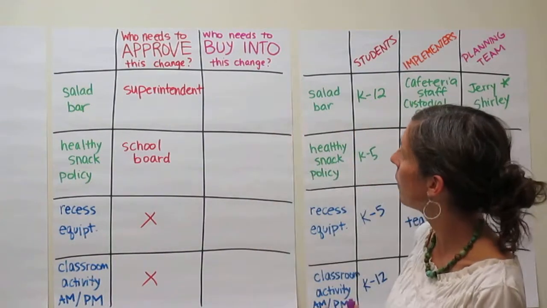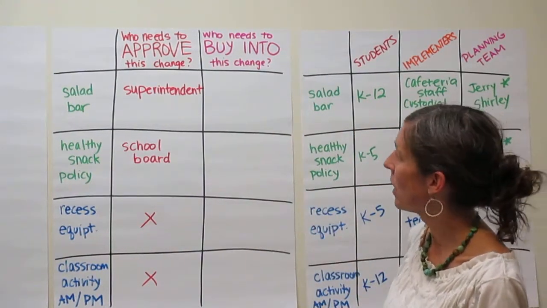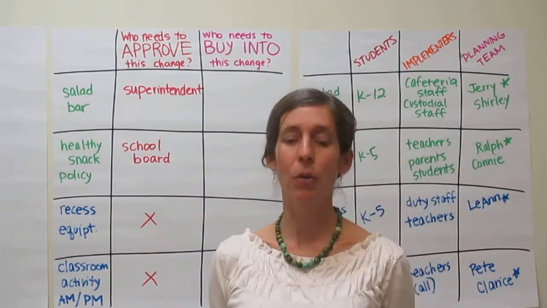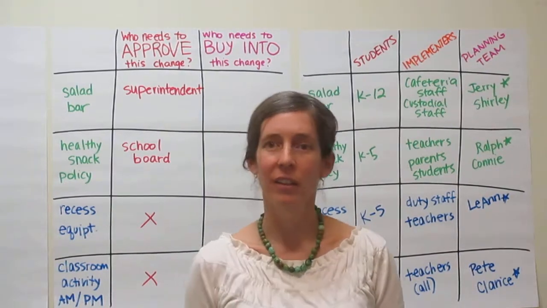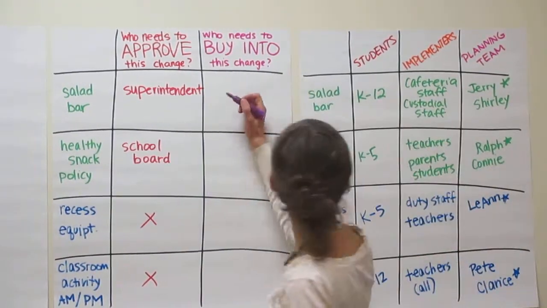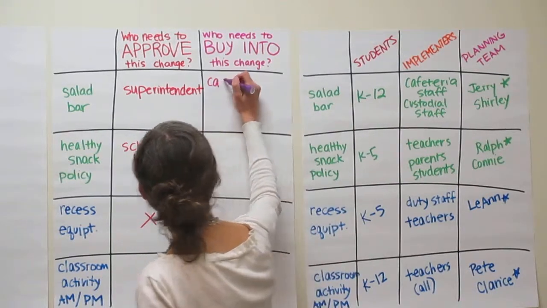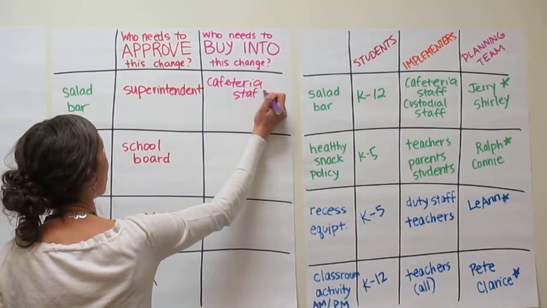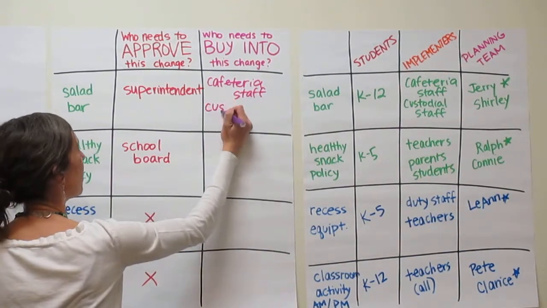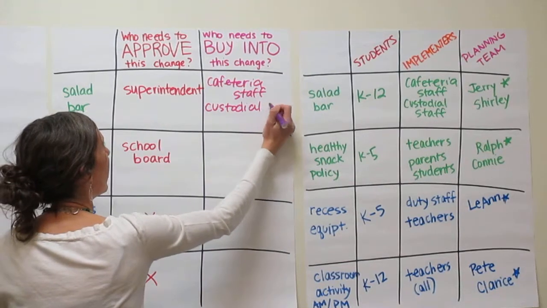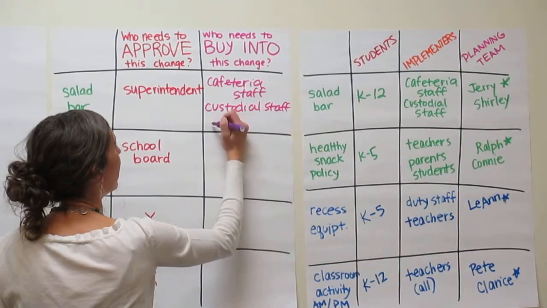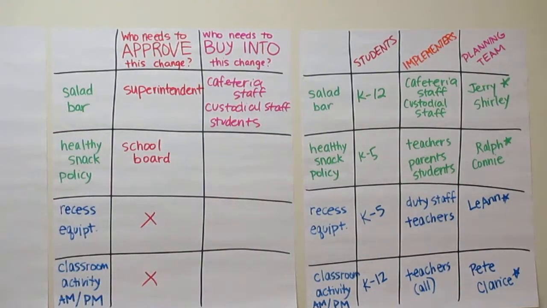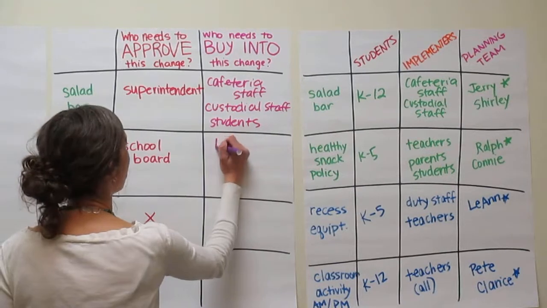Okay, so let's go back to our chart. Who needs to buy into each of these changes? Starting with the salad bar, who do we need to support and get excited about making this change? Exactly, the cafeteria staff. So like I told you, you've got a cheat sheet over here. It's very simple. The cafeteria staff, the custodial staff, and the students. Perfect. How about the healthy snack policy? Teachers, absolutely.